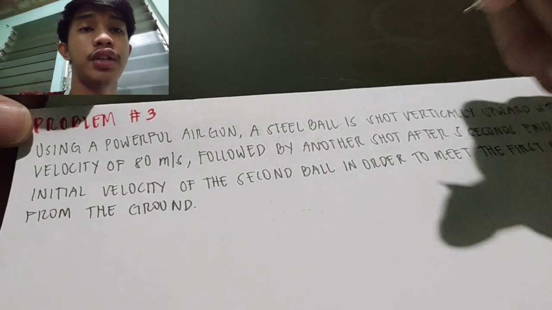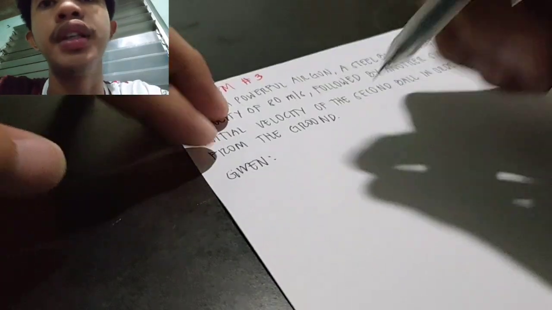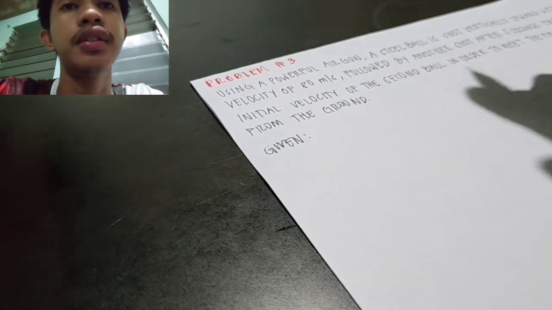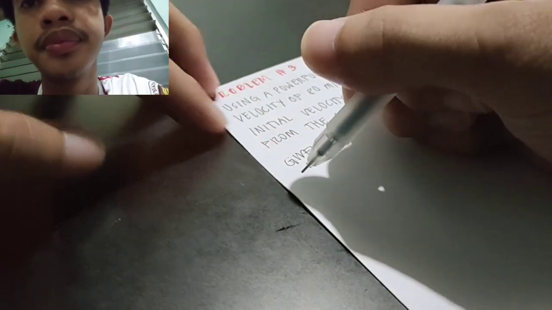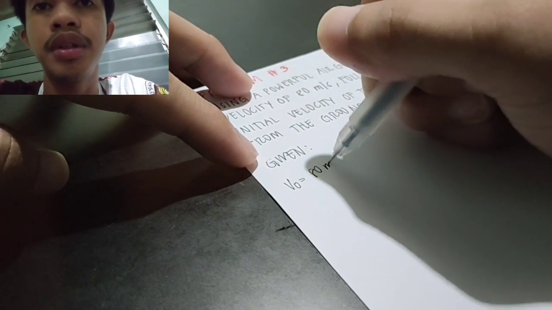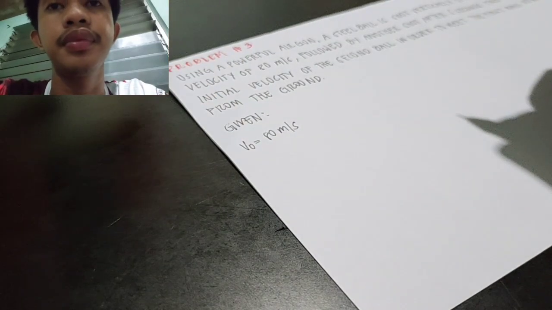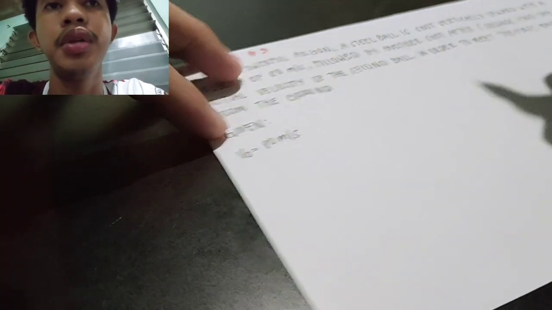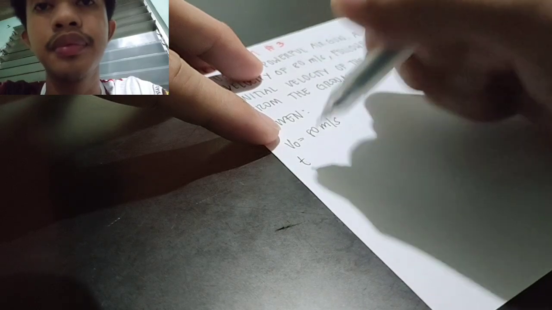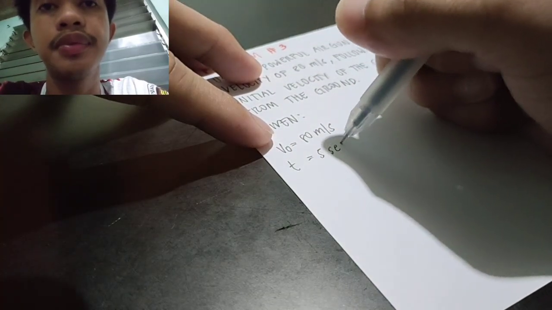So first we have to write the given. We have the initial velocity of the first ball, VO is equal to 80 meters per second, and the time the second ball is being shot, T is equal to 5 seconds.